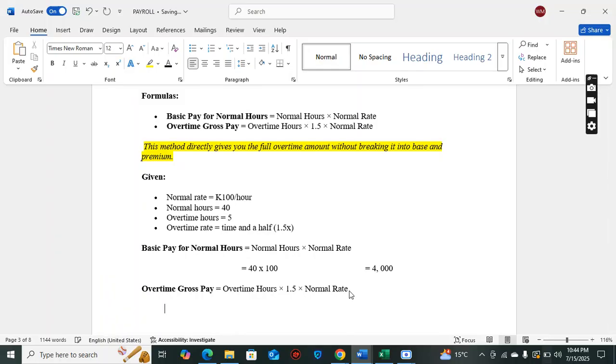The overtime hours, 5 hours. Overtime multiplier, 1.5. The normal rate, 100 kwacha. 5 times 1.5, you get 7.5. 7.5 times 100 kwacha, you get 750.